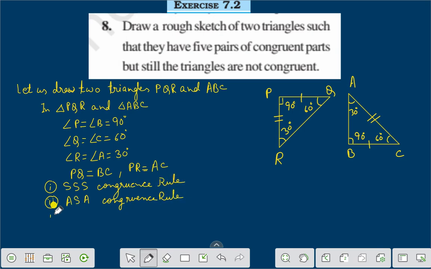Number 3 is the side angle side congruence rule. And the fourth one is the right angle hypotenuse side congruence rule.